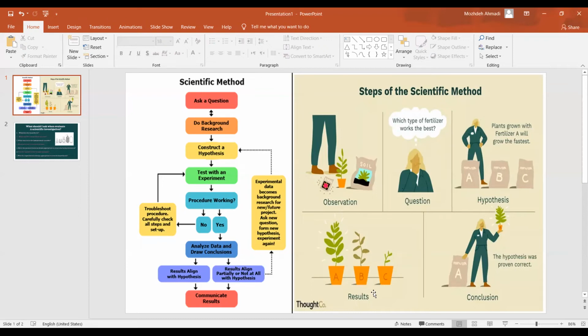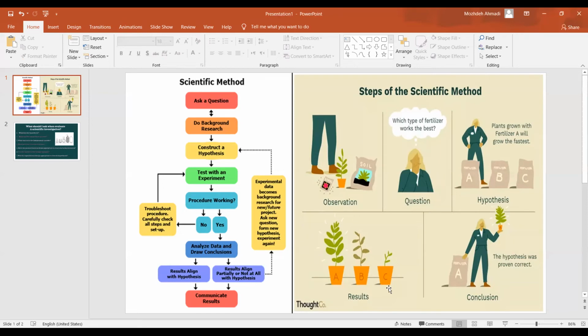Okay, the control variables, right? You should always keep it the same. The amount of water, for example, should be the same. A glass of water for each plant. The amount of sun, for example, you put plant A, B, C in front of the sunlight for 1 hour daily.